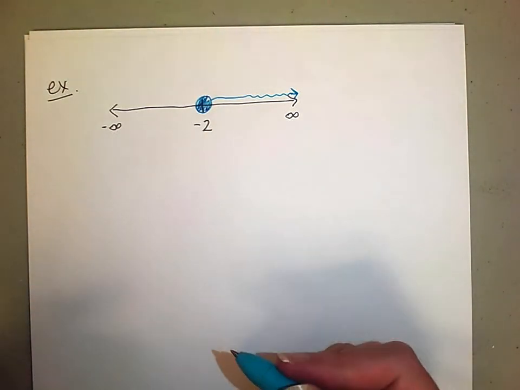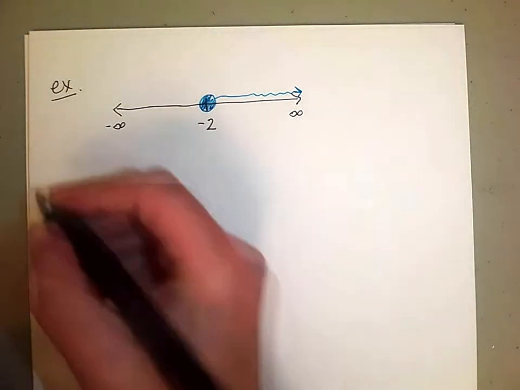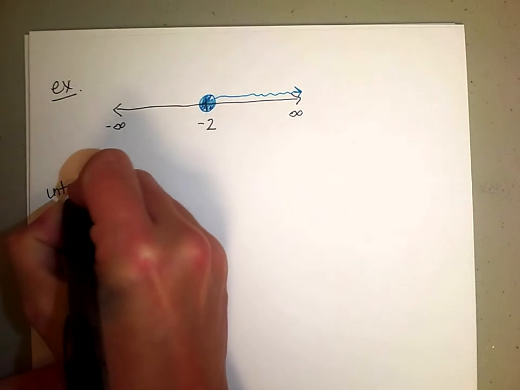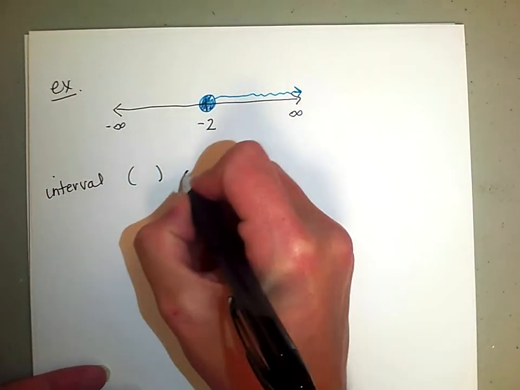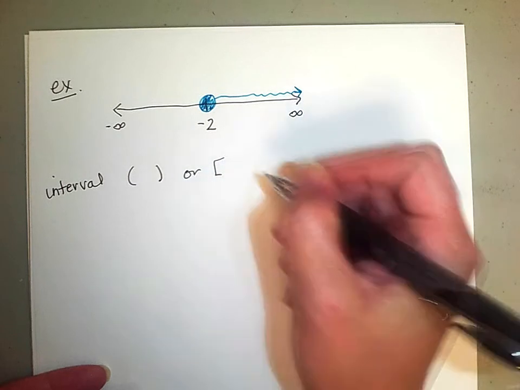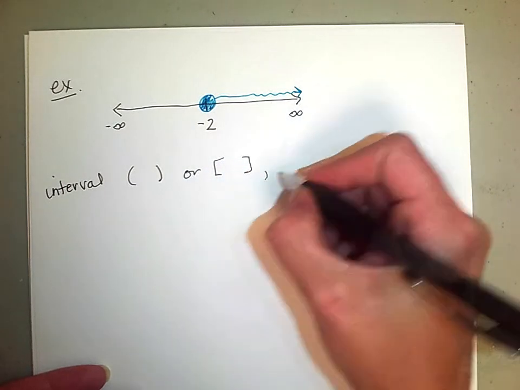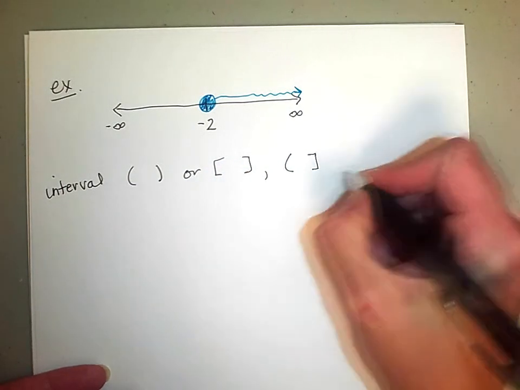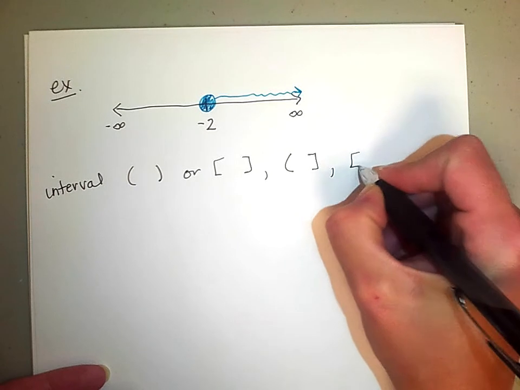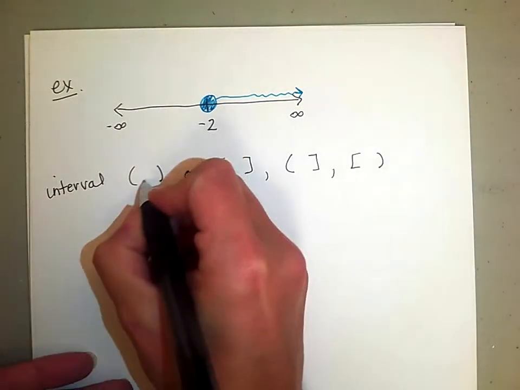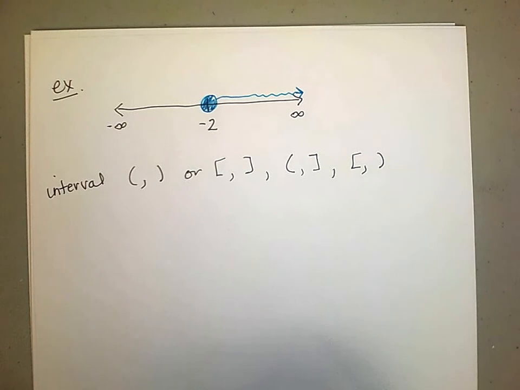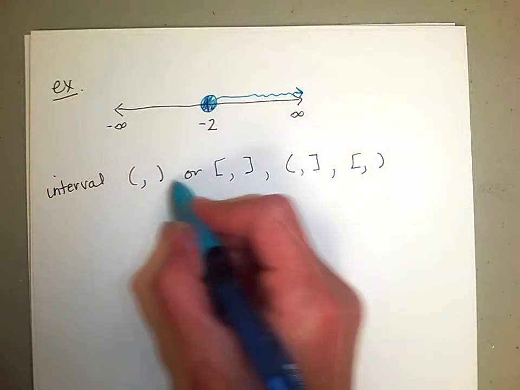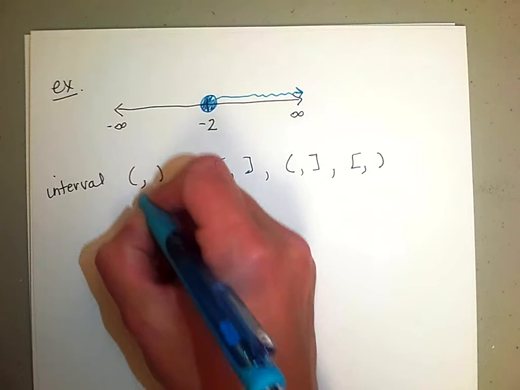If I want to write it in interval notation, interval notation is either going to have parentheses or brackets. It could also have the combination. We'll see what we mean. So this is how interval notation gets capped, either with parentheses or with the brackets.